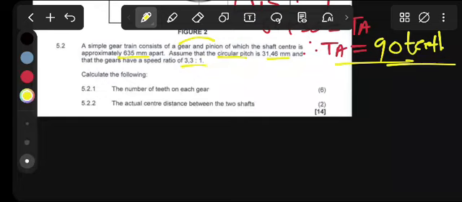So here we have 5.2.1. We'll calculate the number of teeth in each gear.